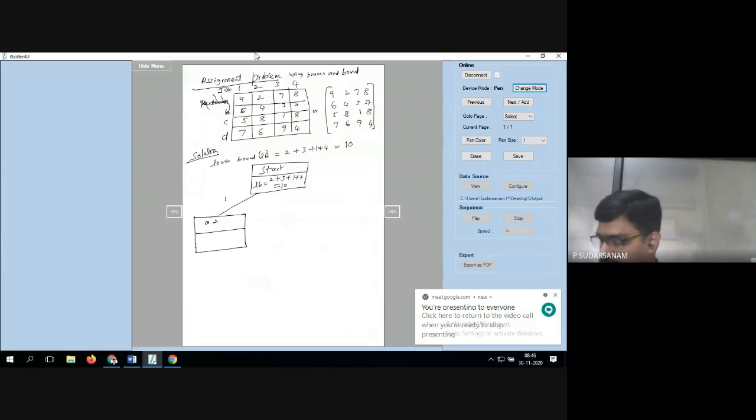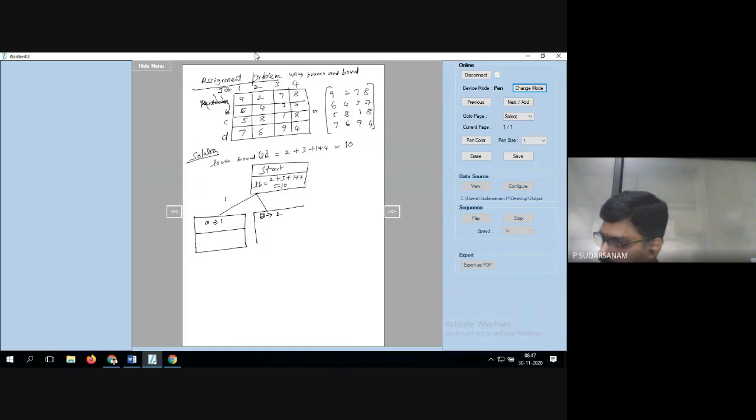A is equal to 1. A is equal to 2. Next, A is equal to 3. Last one, A is equal to 4.